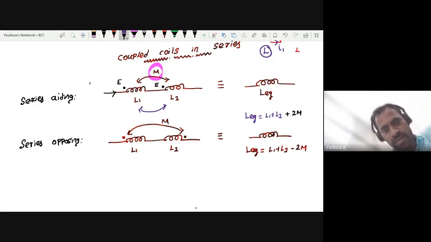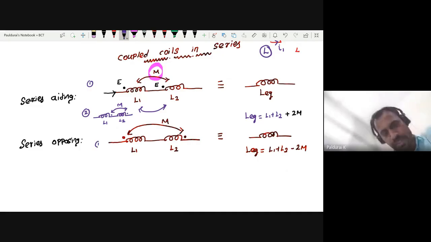This is one. Second, I draw simply here in blue color. Both may be leaving, L1, L2. Now mutual inductance between these two dots.